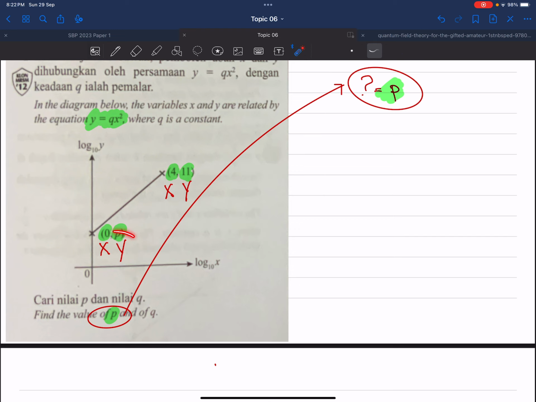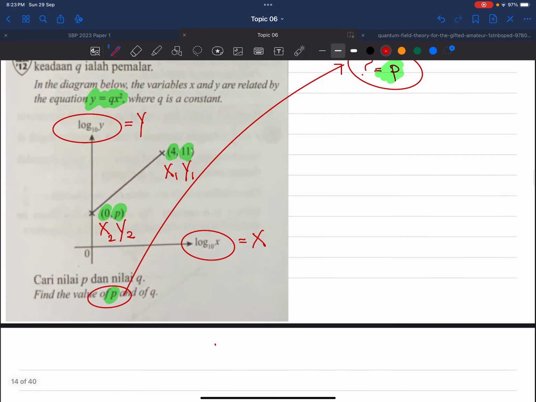Since we have 2 points, I shall put as x1, y1, x2, y2. Now if you notice, the capital X1, capital X2, referring to the x coordinate, are labeled as capital X, and the y1 and y2 referring to the y-axis, which is the capital Y. Okay?